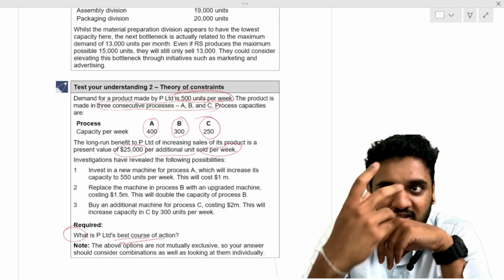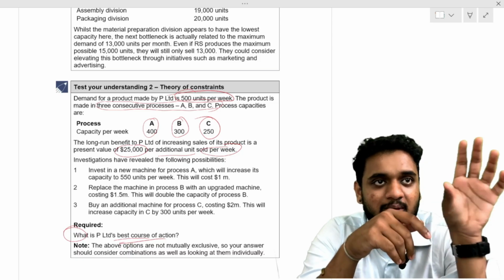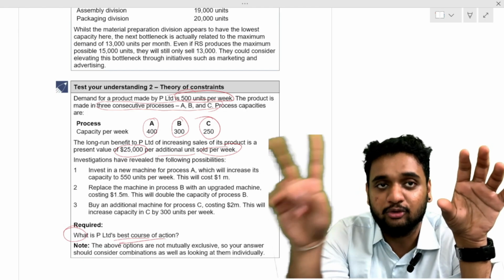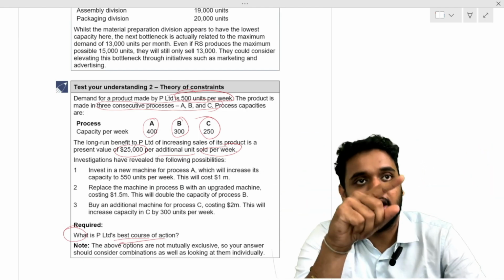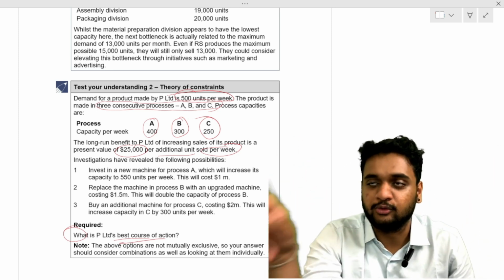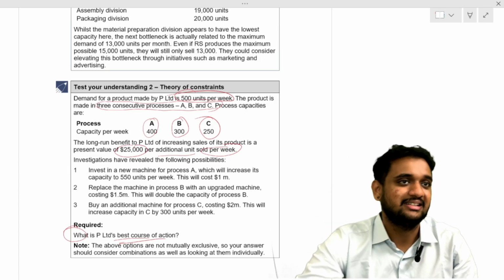If we buy more machines for A, it can already produce 400 units, so it doesn't matter how many units A can produce. At the end of the day, C can produce only 250 units. Even if A can produce 1 lakh units, the product goes through 3 processes, so in total we can produce only 250 units. So first we have to invest in a new machine in process C.